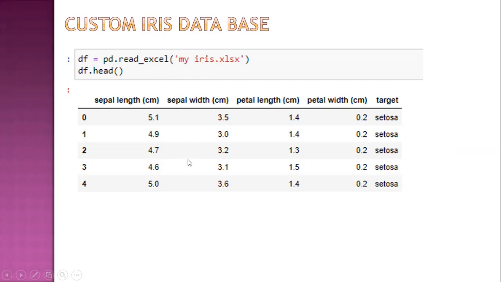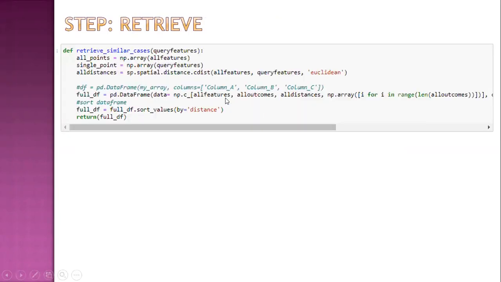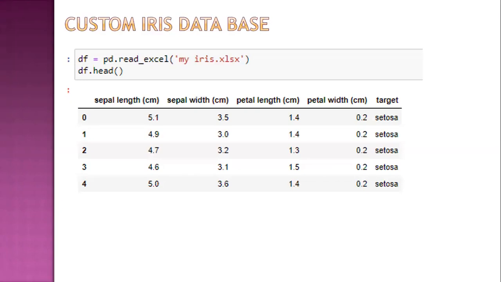So these are a few rows of the iris data. Then this is getting the feature and outcome arrays. These are the feature arrays and these are the outcome arrays. So this is basically the archive of our previous experiences. The database is nothing but an archive of previous experiences.